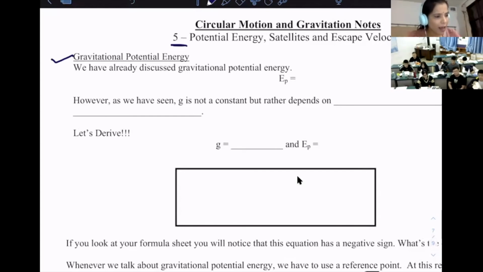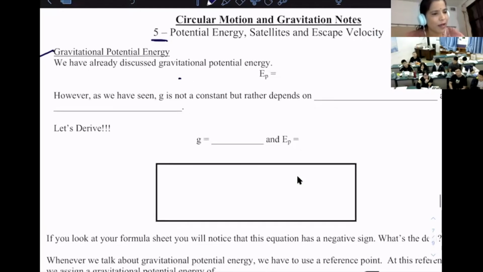We have gravitational potential energy. So what should we write here? Nico, can you tell me what we should write here? The gravitational potential energy value?